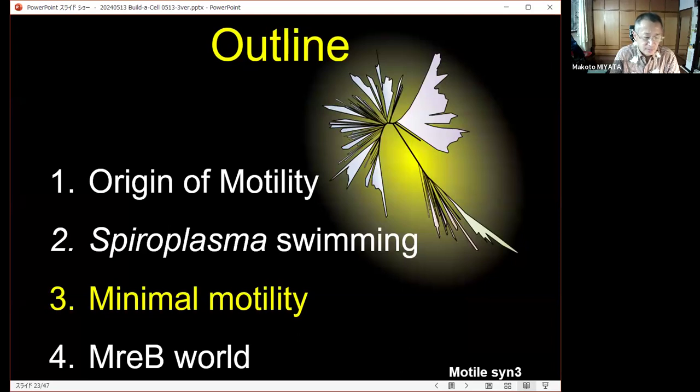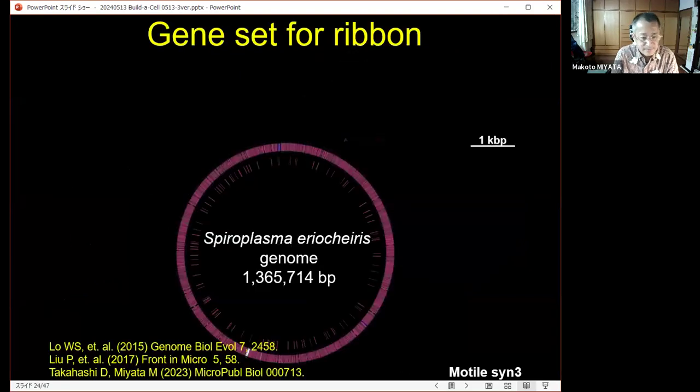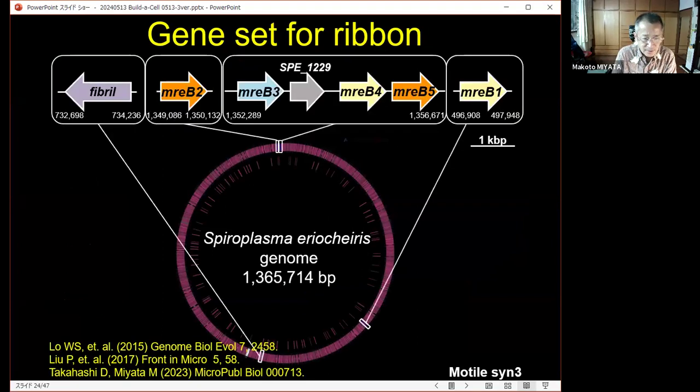Now I'll talk about the minimal motility. It's a kind of synthetic biology. Here is the spiroplasma genome. On the genome, the candidate proteins of the swimming machinery components are coded like this.